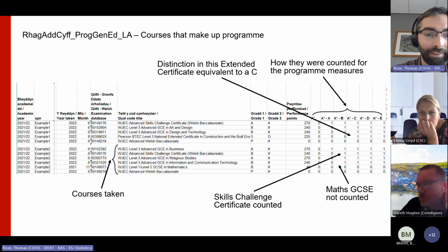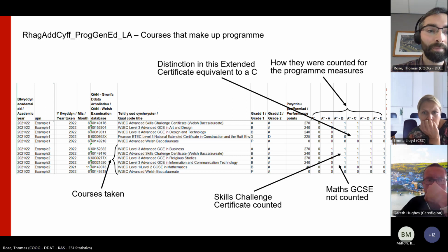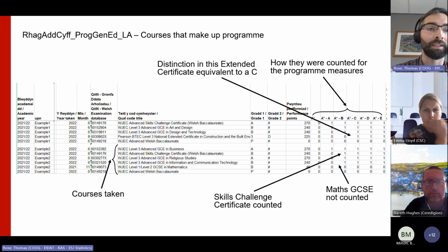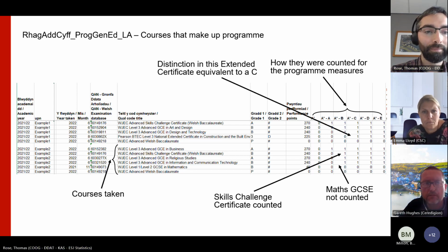So you can see that this maths GCSE is not counted in the measures, whereas this extended certificate in construction and built environment is, and it's being treated as equivalent to a C at A level. This is based on the performance points which are assigned to each qualification for a particular grade. The skills challenge certificate you can see is counted here, and the Welsh Bac is not.